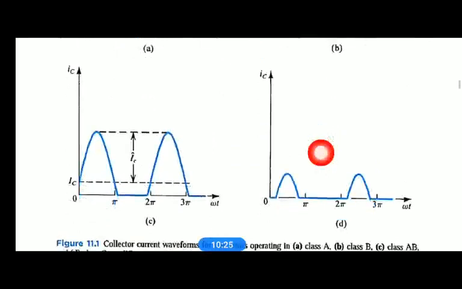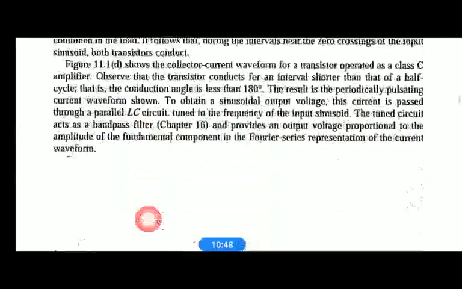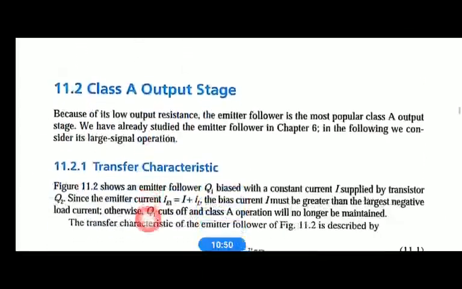Whereas in a class AB amplifier, we use one more amplifier having biasing a little greater than the applied signal IC, or less than 0 for the negative half cycle, right?